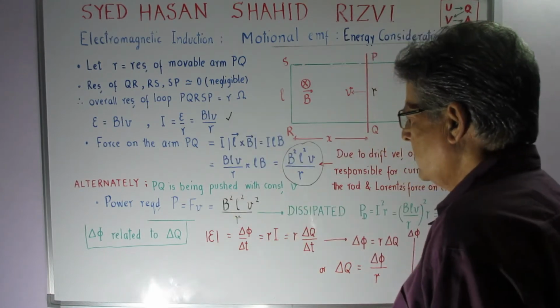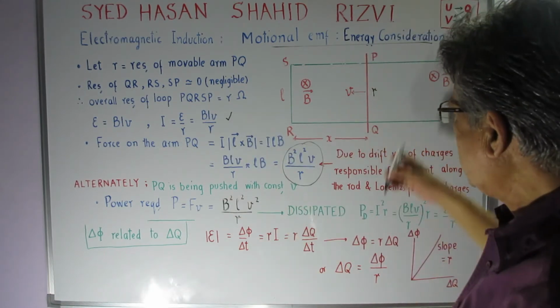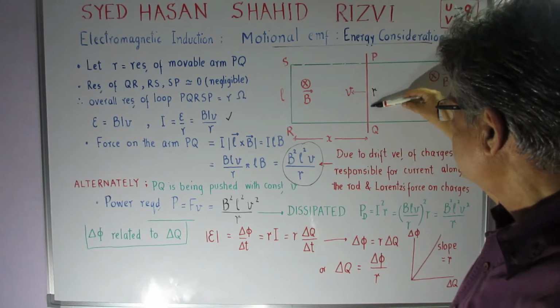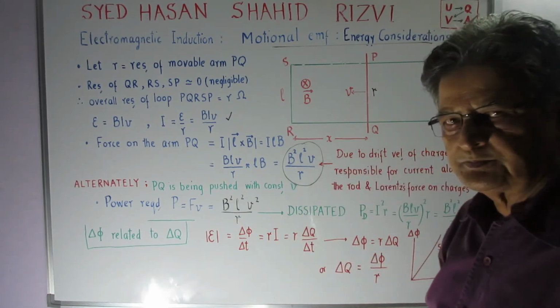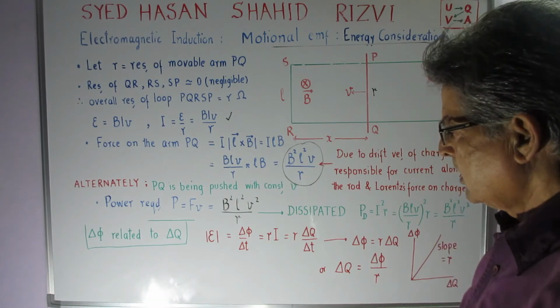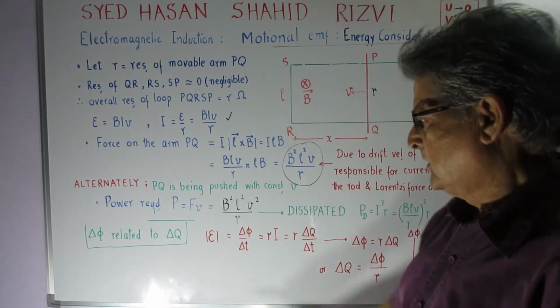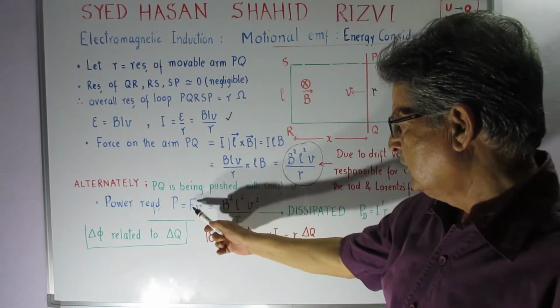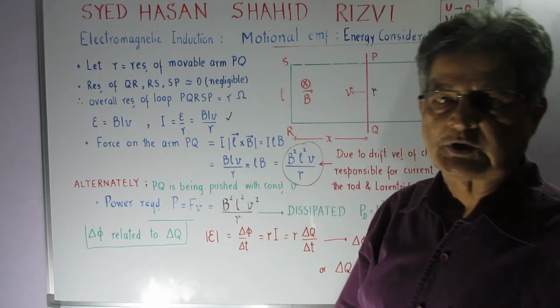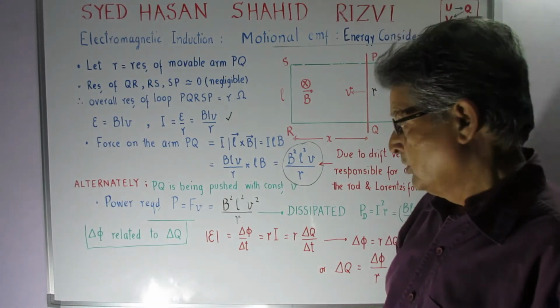Alternately, we see that PQ is being pushed with a constant velocity. So there is a power required to do so, and that power is equal to force into velocity. You must remember that.